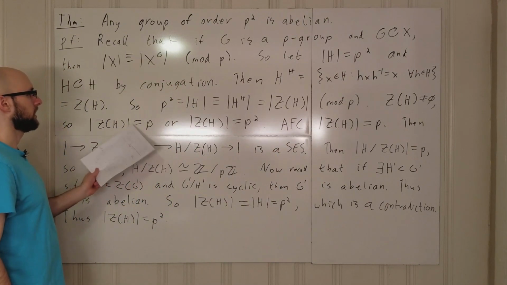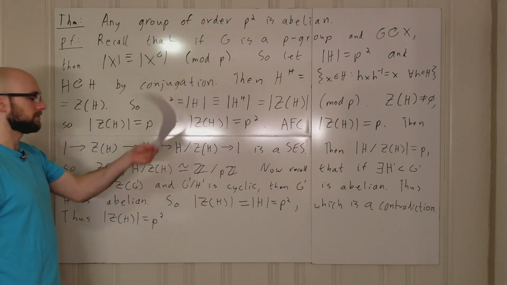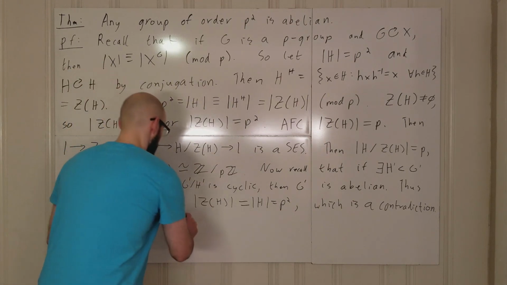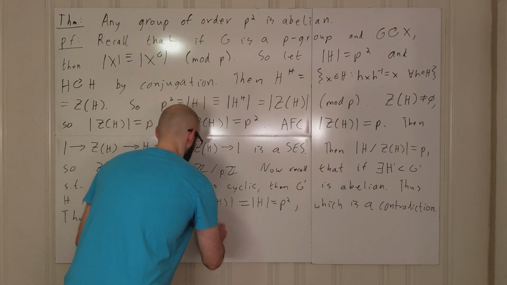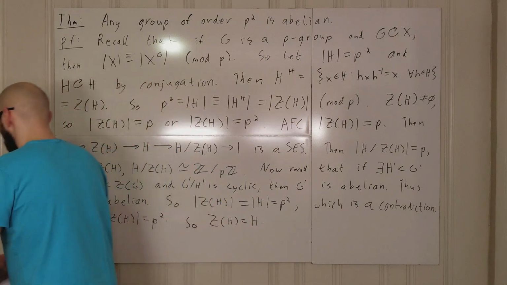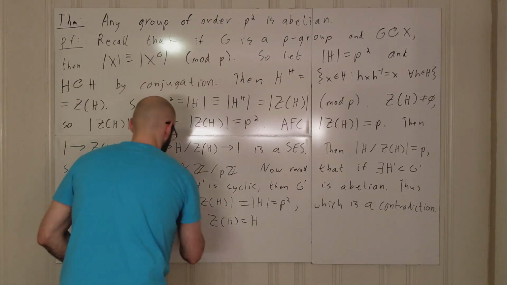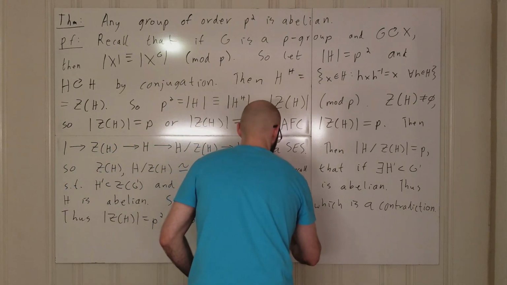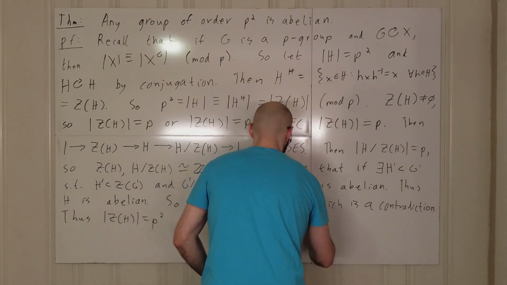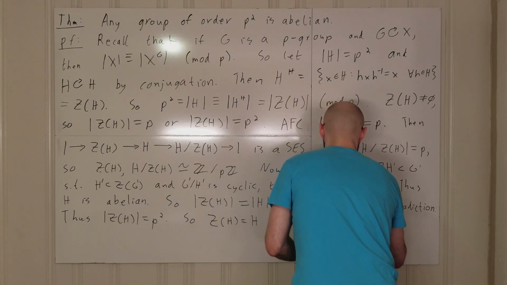We got a contradiction. Therefore, the only other scenario is the one where the center of H is p squared. So then the center of H equals H, and hence H is abelian.